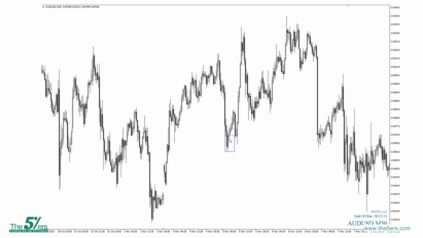Here's an example of a demand printed, here's the rally, and here's the decision. Price came to visit for the first time, and then we can take it. But after it took it the first time, we assume that there are no demand orders in here.